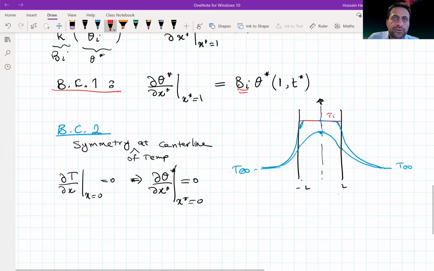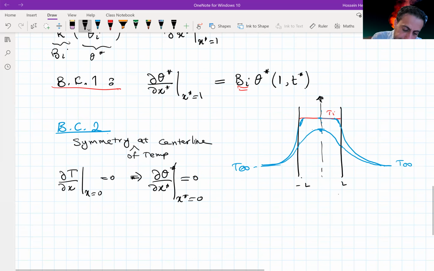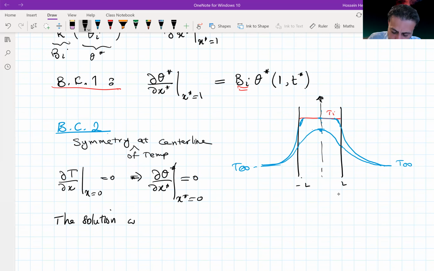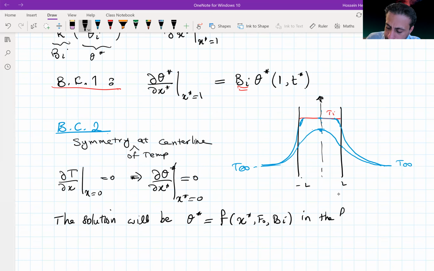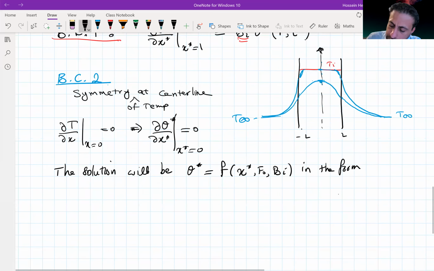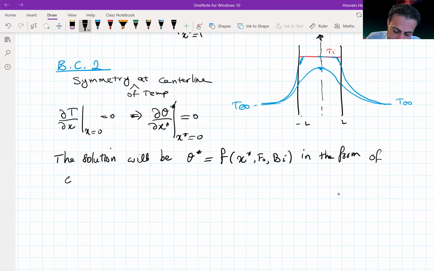And it's going to be in the form of a complex series. A function of x star, Fourier number, Biot number, in the form of a series.